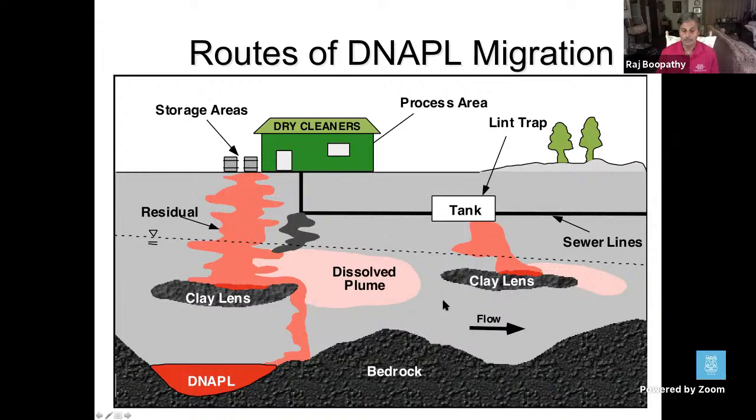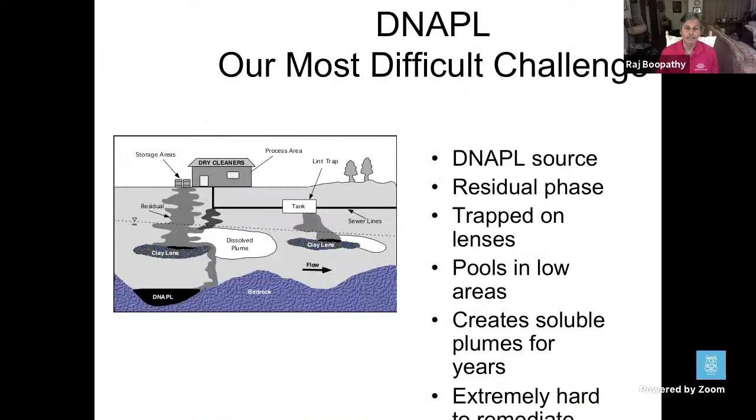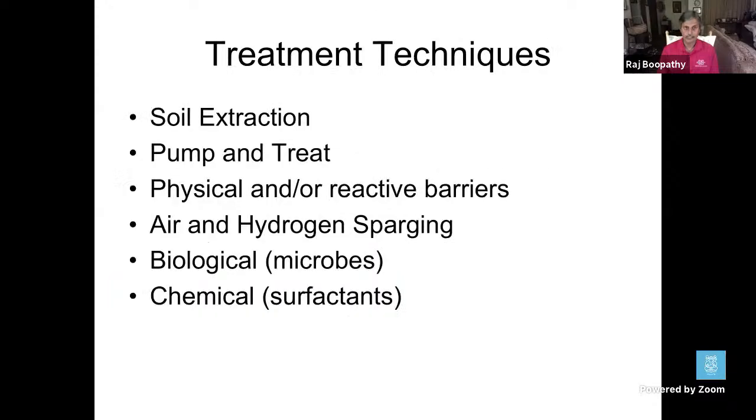So this is one of the major problems in the US for cleaning up TCE contamination. Again, the challenge for TCE is that DNAPL is trapped on these clay lenses, and it's hard to get rid of, and it creates a soluble plume for years. Okay, that's a major problem with TCE contamination.